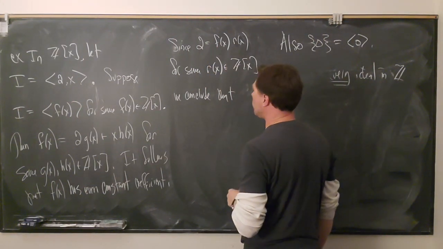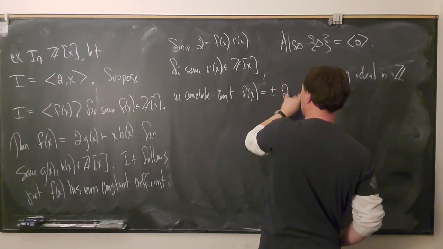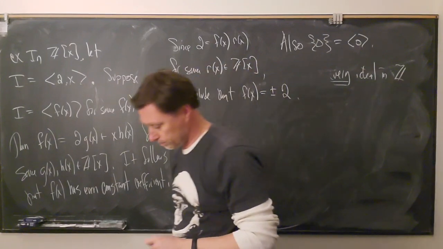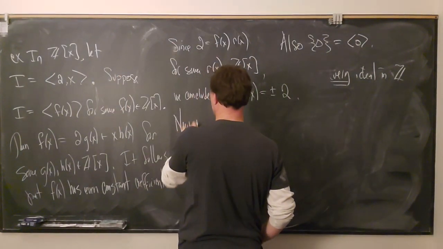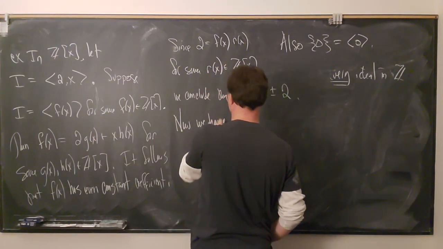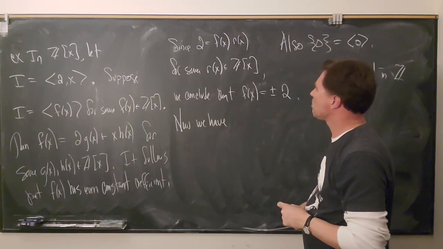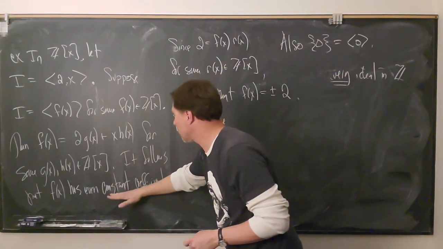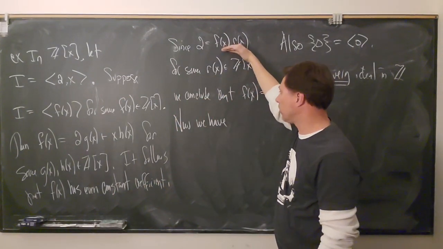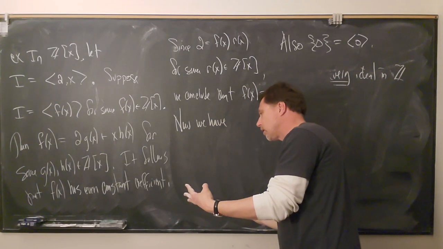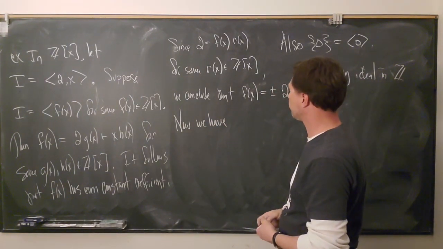And so we conclude that f(x) has to equal plus or minus the constant polynomial 2. Hopefully that makes sense. f has to have even constant coefficient, then we realize that f has to be a constant polynomial, so it's got to be an even constant polynomial. So that's our only choices.